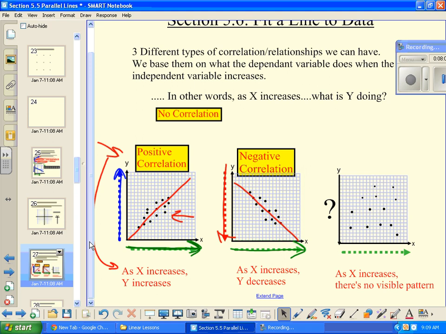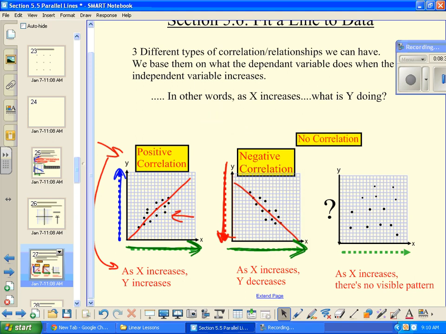An example I might give for this one is, maybe the more time a student spends watching TV, the less homework they're getting done. So there's something with a negative correlation. Two things that we paired together would probably have a negative correlation. As one of those things goes up, the other one's probably going down. So the more TV you watch, the less homework you're getting done. That's a negative correlation. One thing goes up, the other thing goes down.